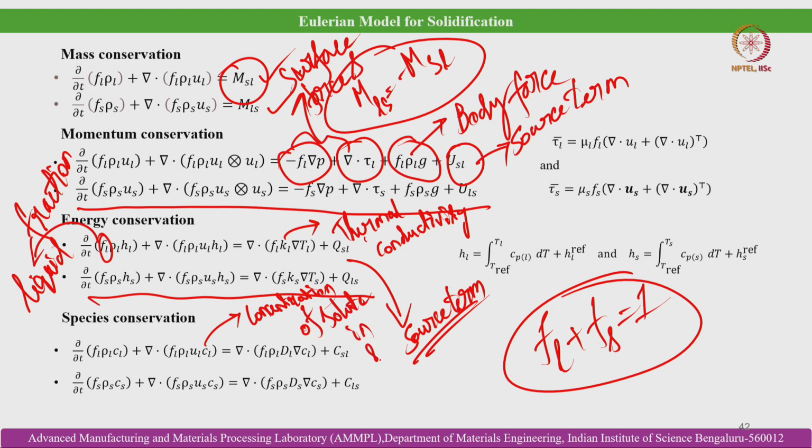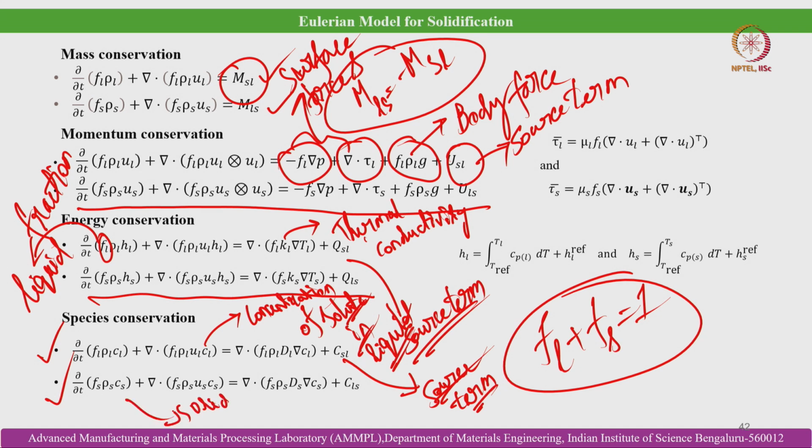And then C S L is the source term for the species conservation equation. Similarly, there is the species conservation equation for the liquid phase and the species conservation equation for the solid phase.